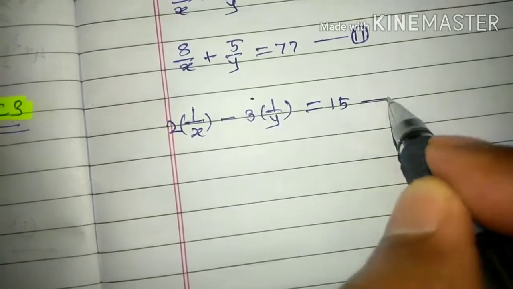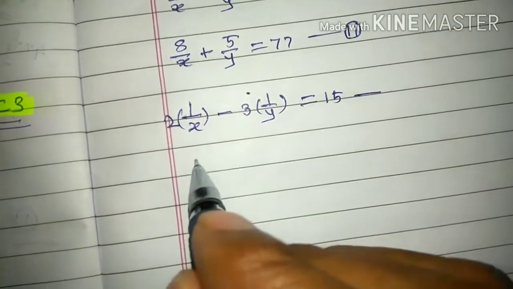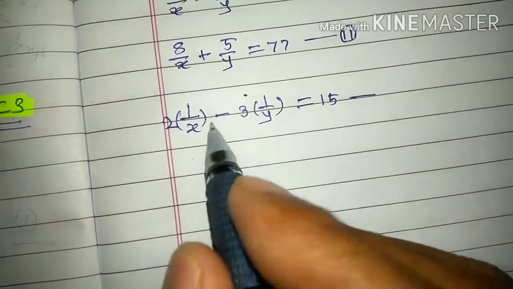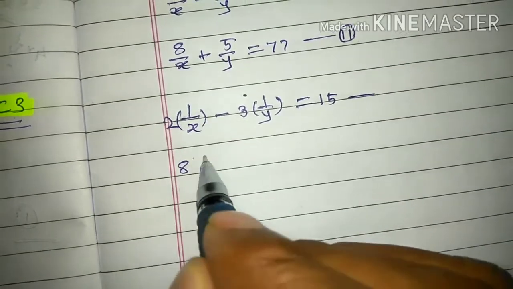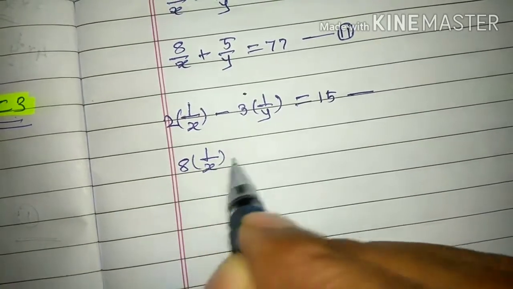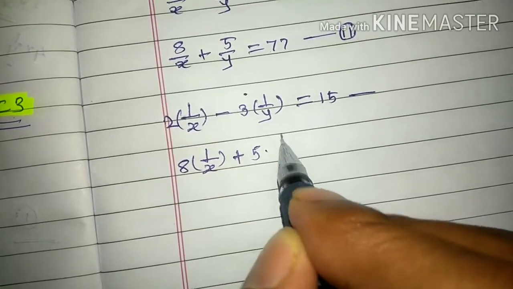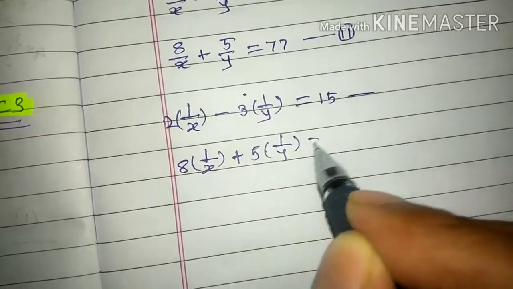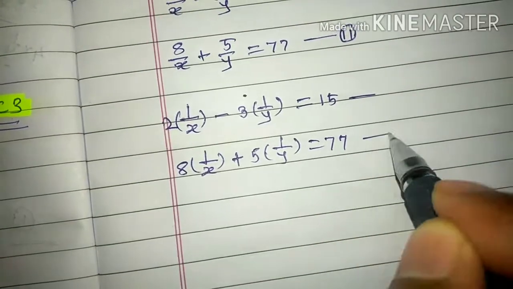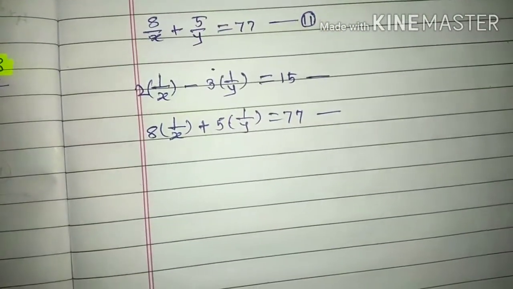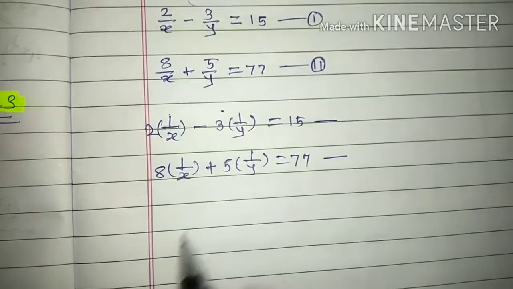This is the new form of that equation 1. And then second also: 8 into 1 upon x plus 5 into 1 upon y is equal to 77. This is also a new form of the second equation.